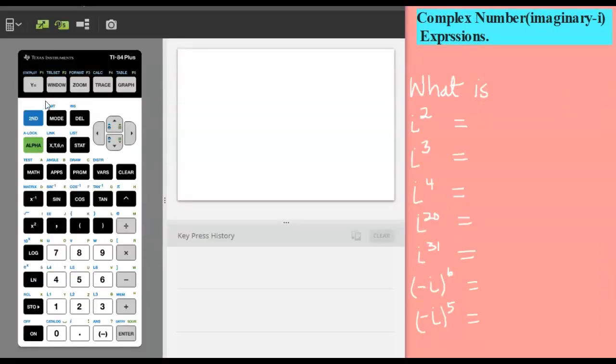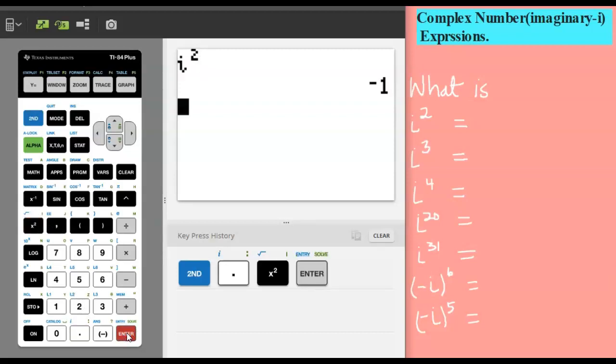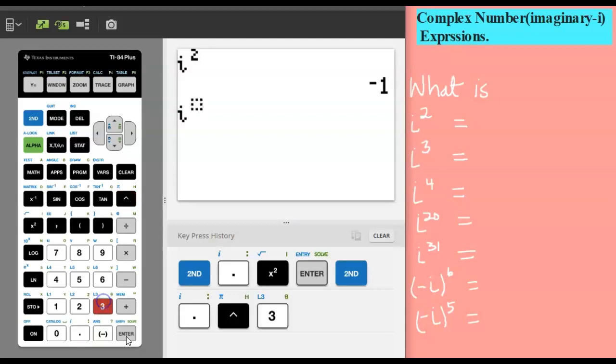Alright, so here we want to look at some i's that have exponents that we can calculate. For i squared, you just go to your second i and square this, and then you enter, and that gives you -1. Then i to the power 3: you will use this key, then you type 3 and you enter, and that gives you -i.